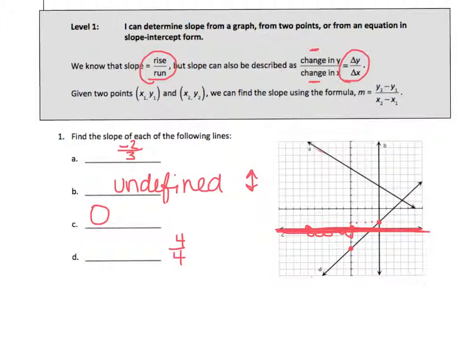Since I counted up from this point, that's a positive 4, and I went right, that's a positive 4. Now you could have started from the point that we drew second, and gone down 4, because you want to do rise first, and then left 4, and when you go left, that's a negative direction. So you could have found the slope to be negative 4 over negative 4. In both cases, they will both reduce to a positive 1. So your slope for that last letter is positive 1.